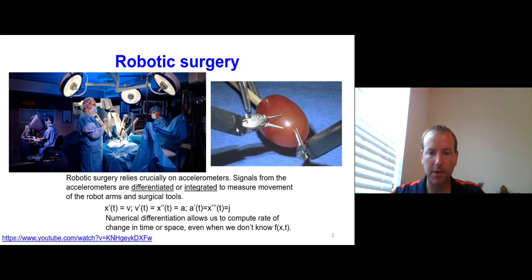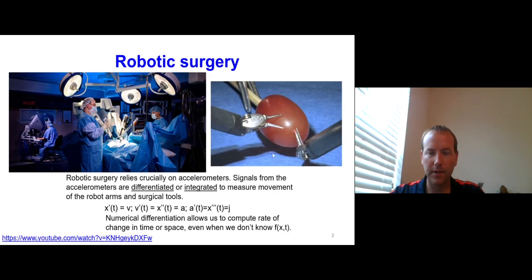Accelerometers are ways of detecting the acceleration of these tips, and the instruments are doing numerical differentiation and integration to figure out and relate the velocities, positions, and accelerations of the various components. So in this way, something that you know very well from calculus 1, integration and differentiation, is intrinsic to how these robotic arms perform.